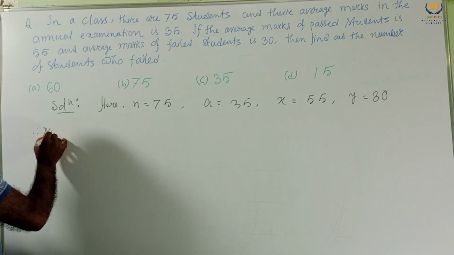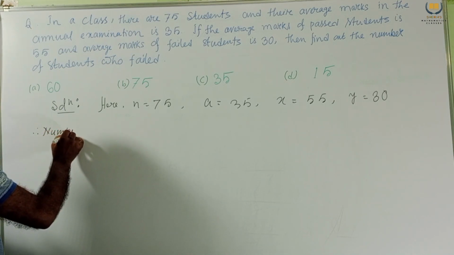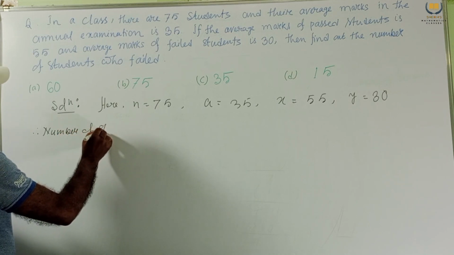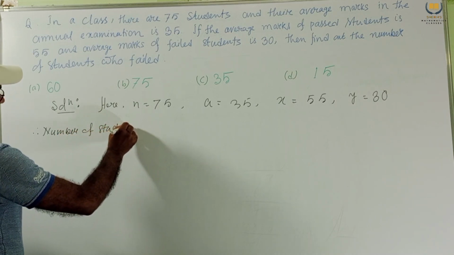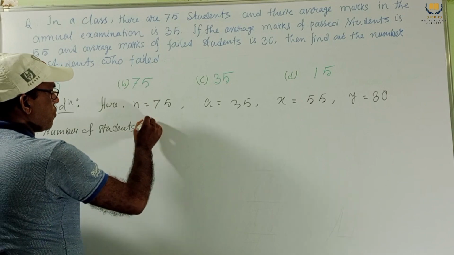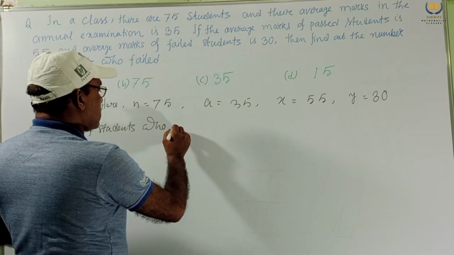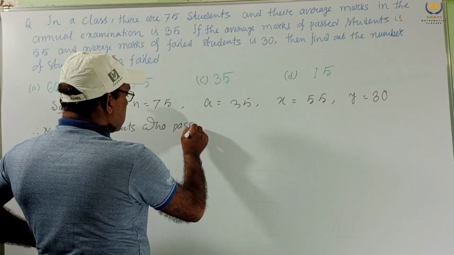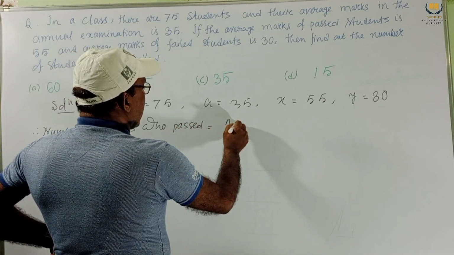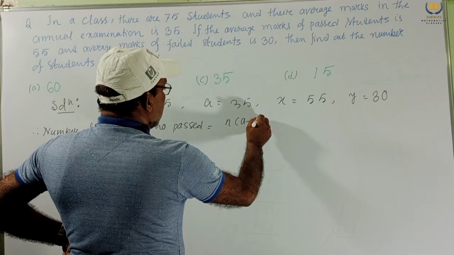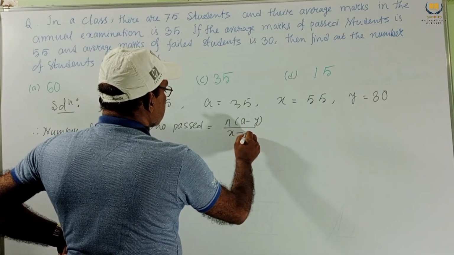Therefore, the number of students who passed equals n into (A minus Y) by (X minus Y).